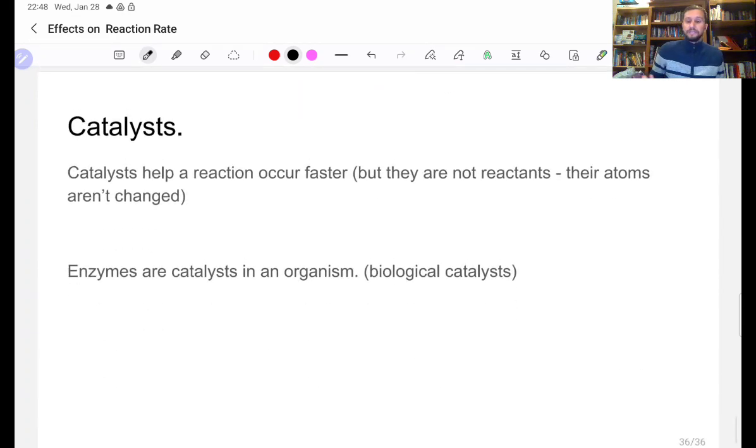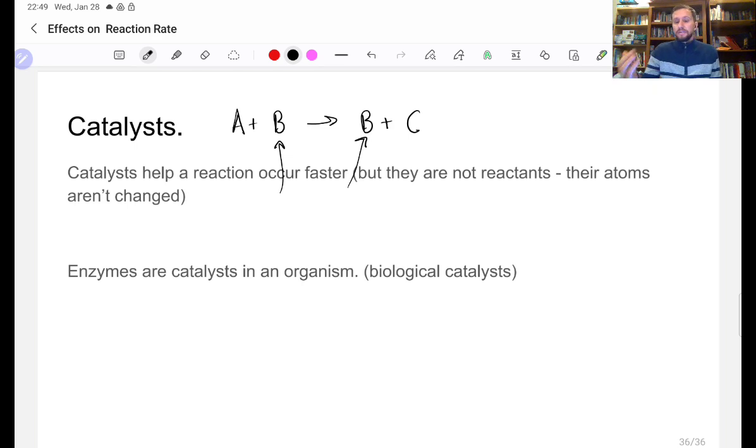And lastly, we have catalysts. All you need to know for general chemistry is that catalysts help a reaction to occur faster, but they are not reactants. Their atoms aren't changed. So sometimes in a chemical formula, we can have something like A plus B makes B plus C. B is a catalyst because it's not reacting. It's there at the beginning and the end.